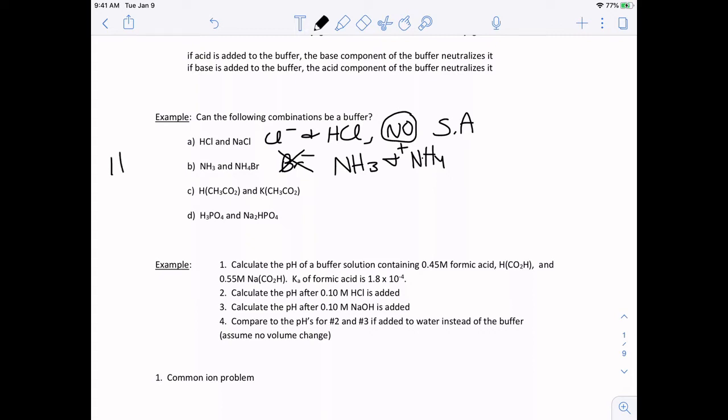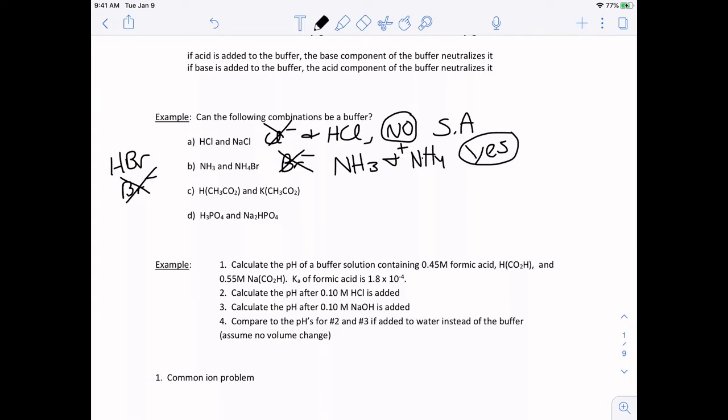If I have HBr, one of my strong acids, Br minus would be its conjugate base, and we don't care about it. We cared about chlorine in the first one because it was the only thing I had, but it wasn't a buffer anyway because HCl is strong, so we could say that the chlorine's inert also. So for B, ammonia is a weak base, and ammonium is its conjugate acid, so our answer for this one is yes.